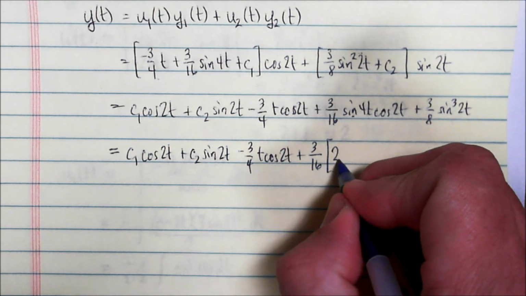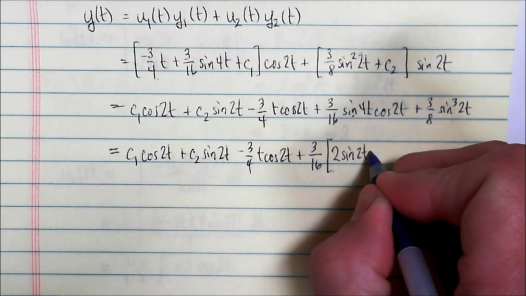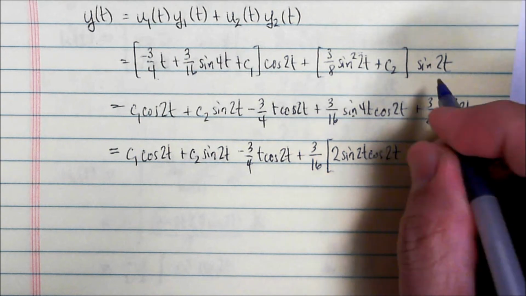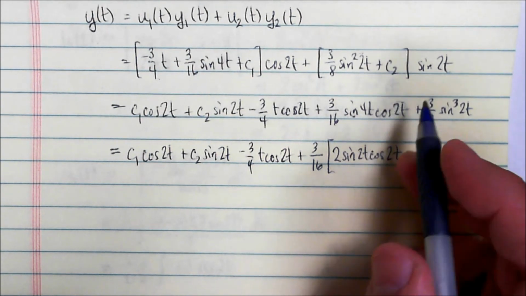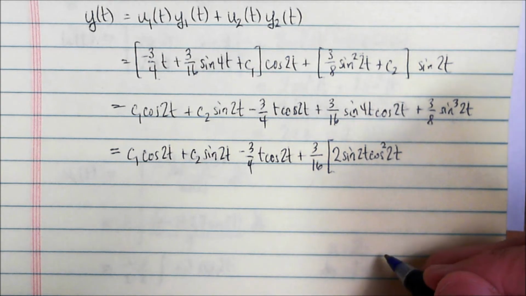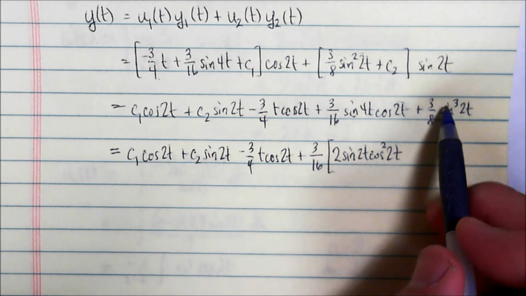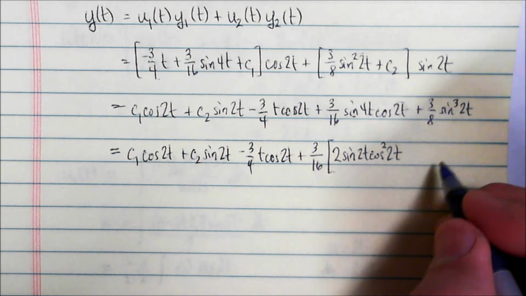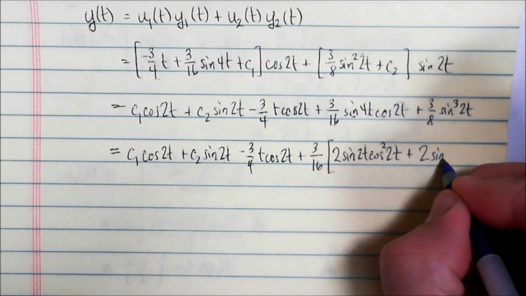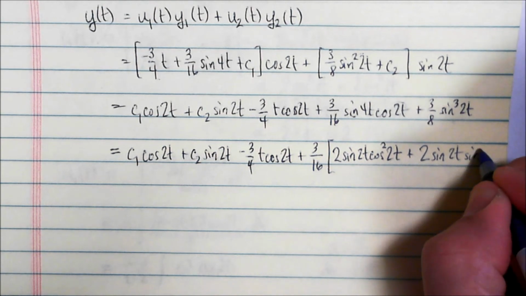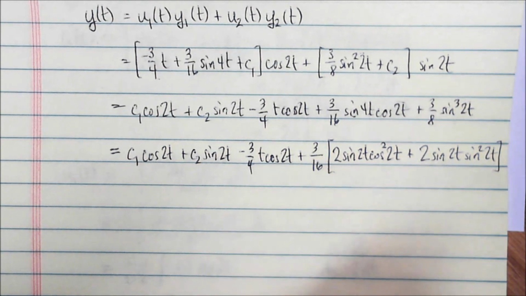Sine of 4t is equal to 2 sine of 2t times the cosine of 2t. That's sine 4t. Then I multiply it by an extra cosine 2t, so I get cosine squared. Okay, I'm factoring out 3/16, so I have a plus 2 here. Sine cubed is going to be sine of 2t times sine squared of 2t.